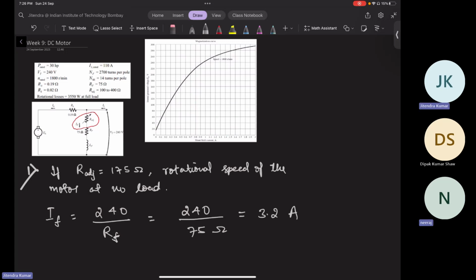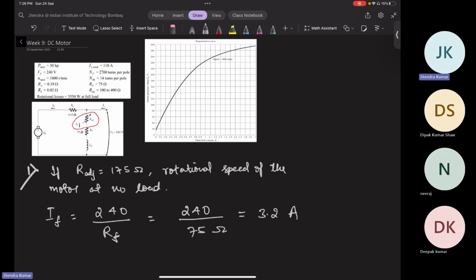3.2 amps, are you able to see that in the magnetizing curve? No, sir. So it means that current is not a feasible current for this particular core of the machine, right? Because this magnetizing curve is based on the core of the machine. If the core is large, you are able to supply flux proportional to the current up to a large extent.